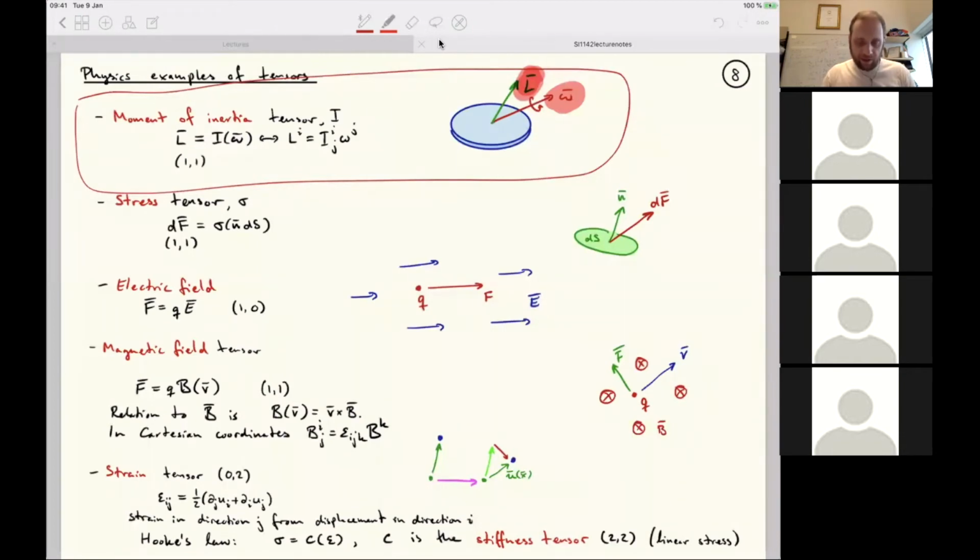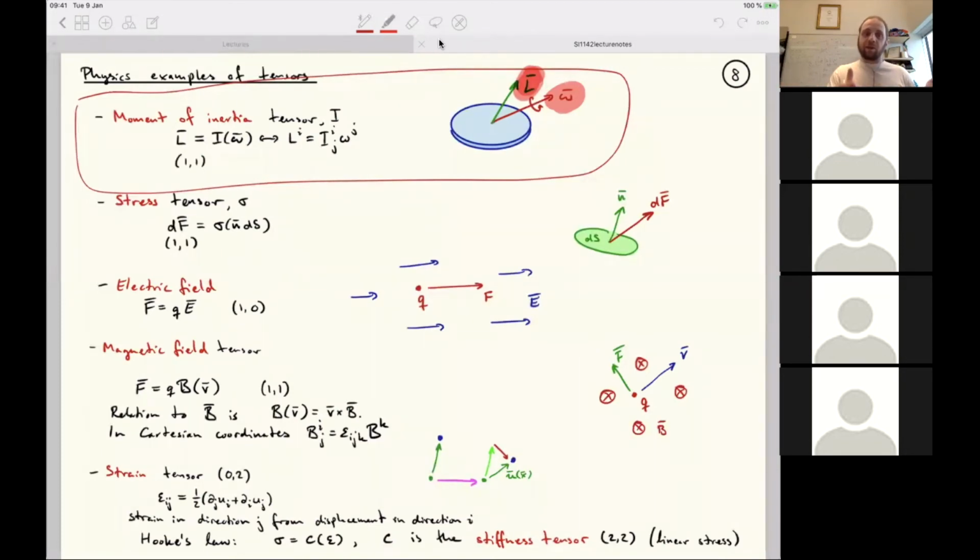Other examples include the stress tensor sigma, because essentially that relates a surface element, which is a vector, to the force, which is also a vector, across that surface element. So that maps a vector to a vector. The electric field is also a tensor field because it maps, well, nothing, a scalar, to a vector.